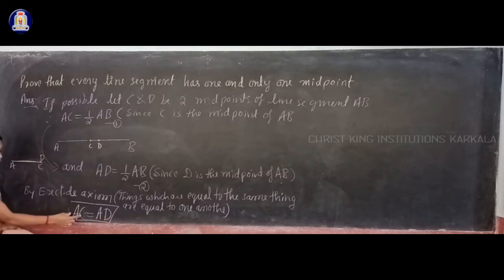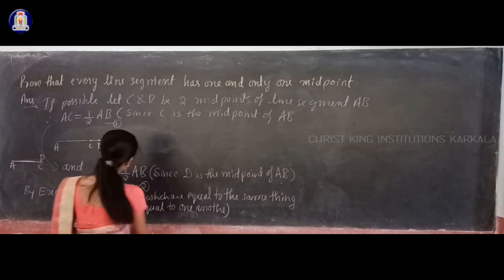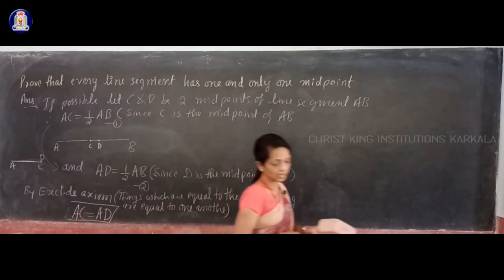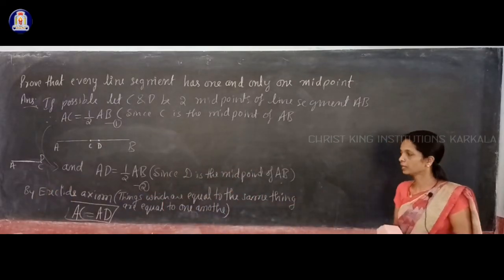Since we got AC equal to AD, they are equal in length. Their initial point is the same, and their end points, C and D, will coincide each other. So we can say C is equal to D.